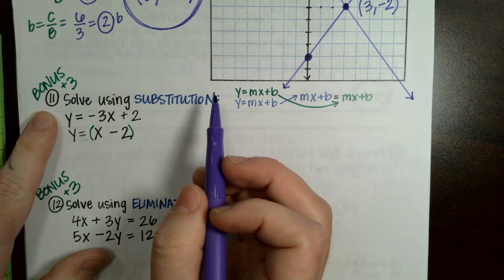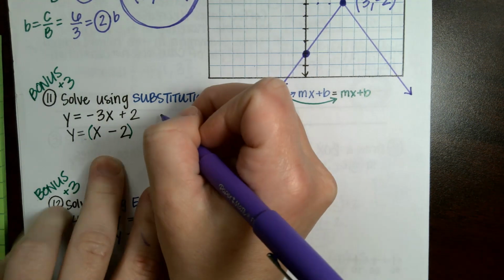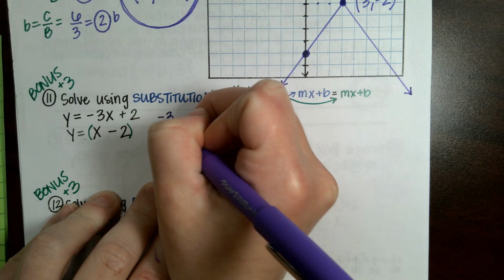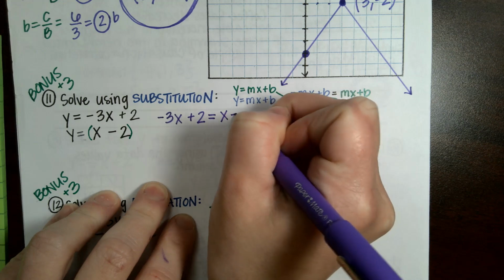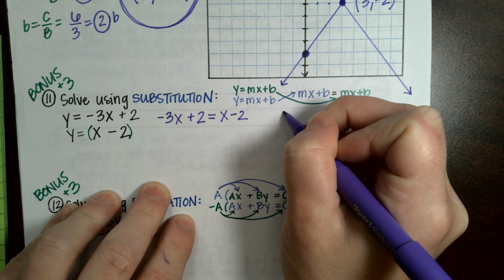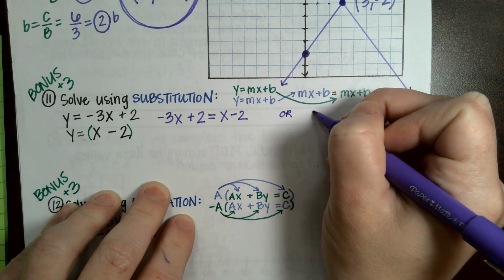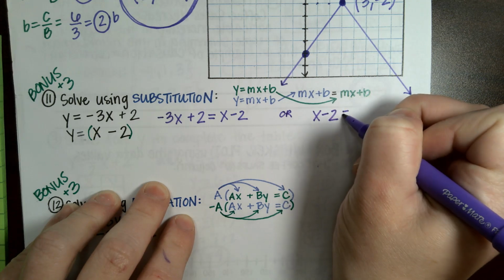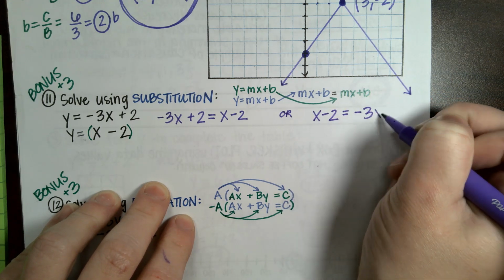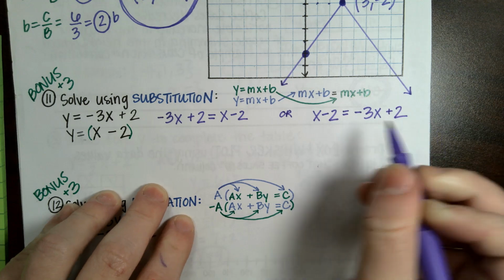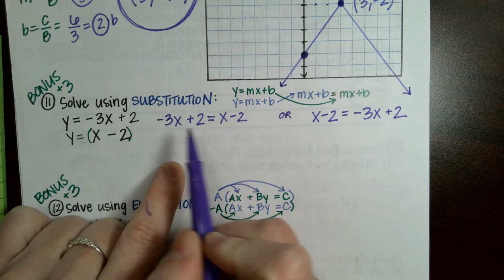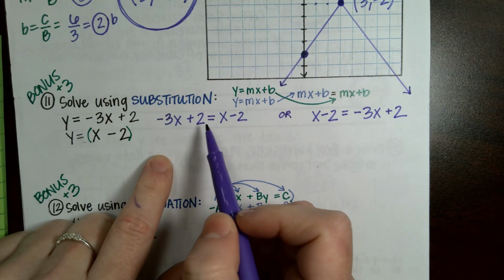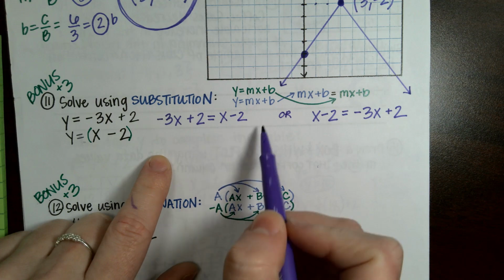To solve by substitution, I'll write out both ways: you can do negative 3x plus 2 equals x minus 2, or you can do x minus 2 equals negative 3x plus 2. Both of these ways will work the same. Absolutely. So let's go ahead and do this first one: negative 3x plus 2 equals x minus 2.